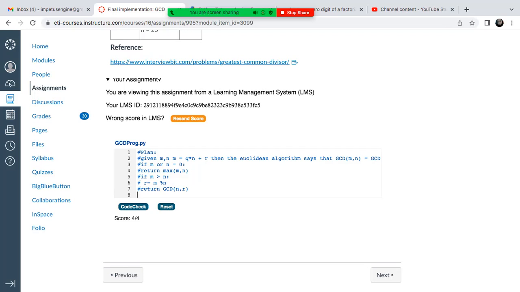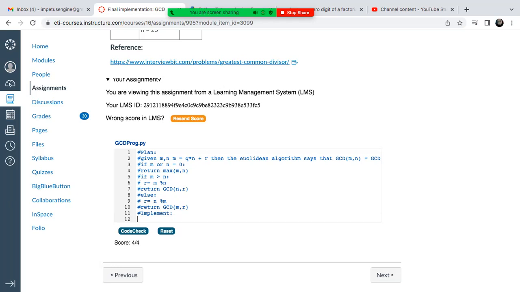Else we have the other case, where r equals n mod m, and we return GCD(m, r). Now that we have the plan, we can implement it.